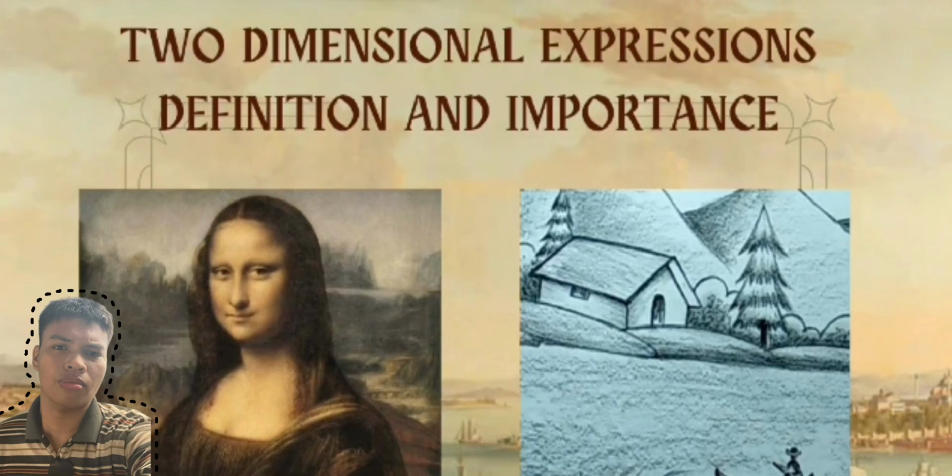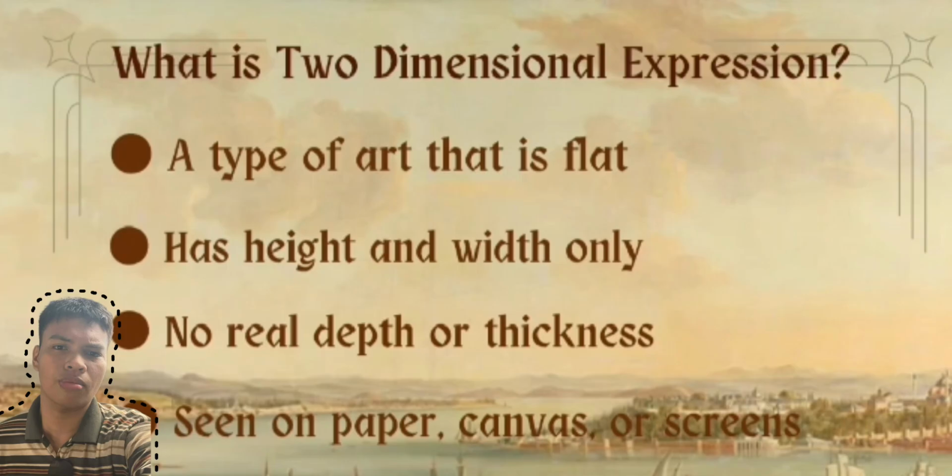Now, let's talk about two-dimensional expressions, definition, and importance. What is 2D expression? Simply put, two-dimensional art is flat. It is defined by having only height and width, with no real depth or physical thickness. You'll typically find 2D expressions on surfaces like paper, canvas, or digital screens.